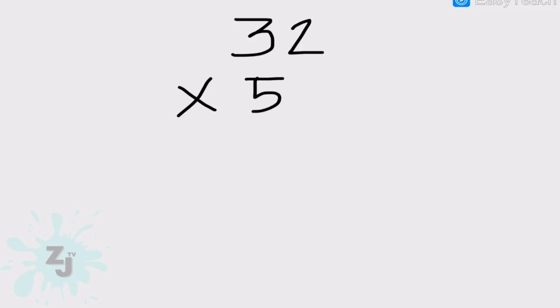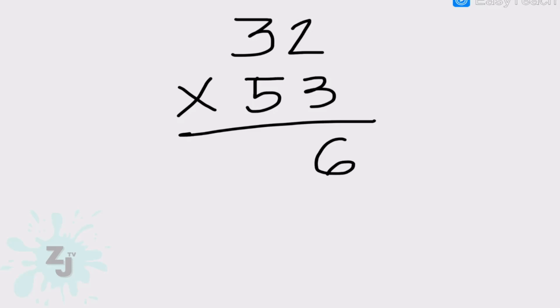Next, let's try a much more complex one. Let's try 32 multiplied by 53. So to solve this one, let's just do what we did from the previous examples. We must multiply 2 times 3. 2 times 3, this is 6.